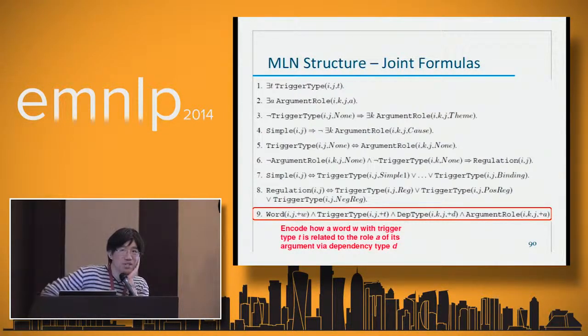As far as the other question is concerned, is there any difference between integer linear programming and MLNs? The main difference is that integer linear programming, as far as I understand, is good at handling hard constraints. I'm not sure whether it's possible to encode soft constraints.